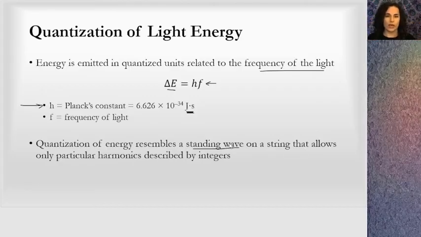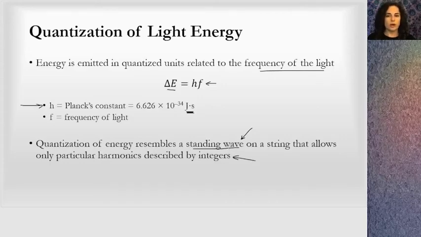It's a standing wave. And so that's why we get these specific values, and you can liken it to the harmonics described by integers for standing waves, like with musical instruments. And that's the reason why it's quantized. We're going to look more at the standing wave stuff as we move towards atomic physics.